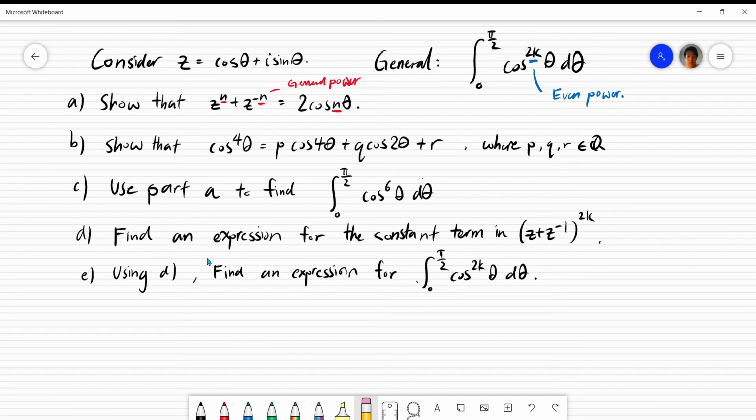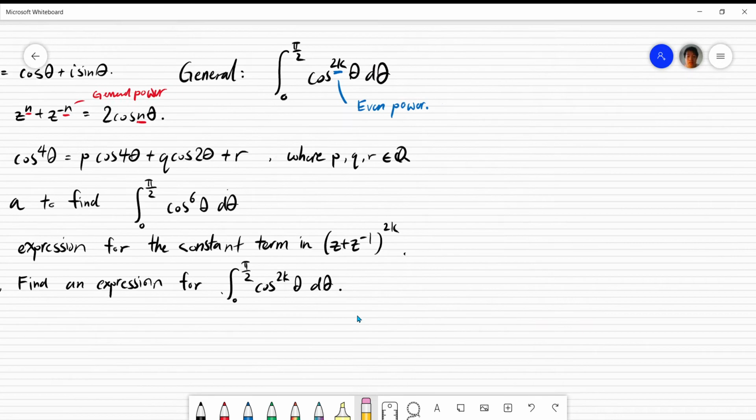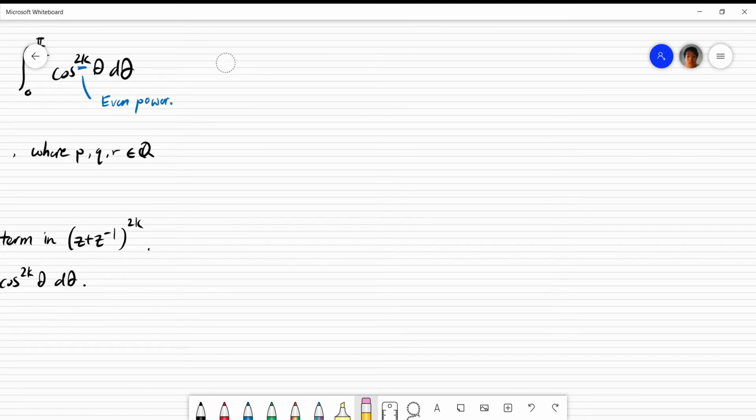Okay, let's do some groundwork on this side. So let's brainstorm. How can we figure this out? Well, let's try something like the integral of cosine squared theta. That's not bad.